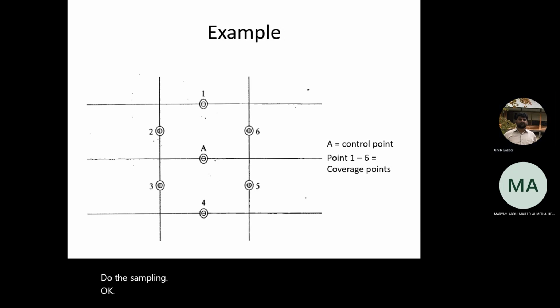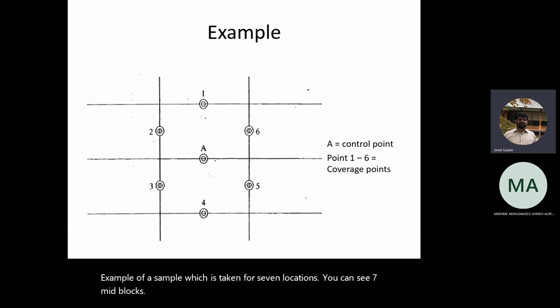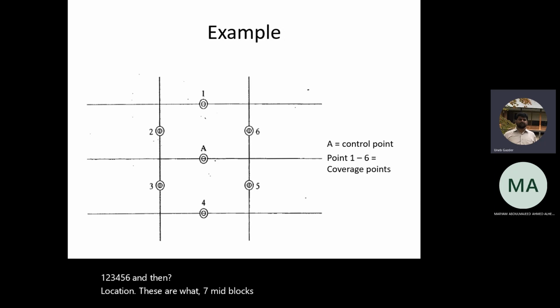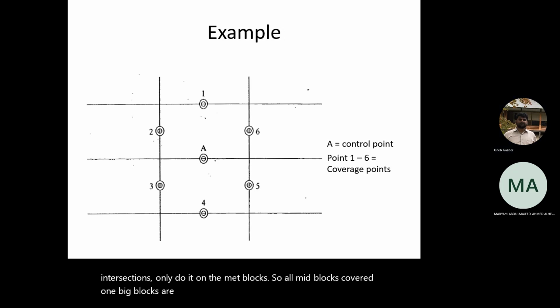This is an example of a sample which is taken for 7 locations. You can see 7 mid blocks. 1, 2, 3, 4, 5, 6, and then location A. These are what? 7 mid blocks. We don't do the intersections, we only do it on the mid blocks. So all mid blocks are covered.